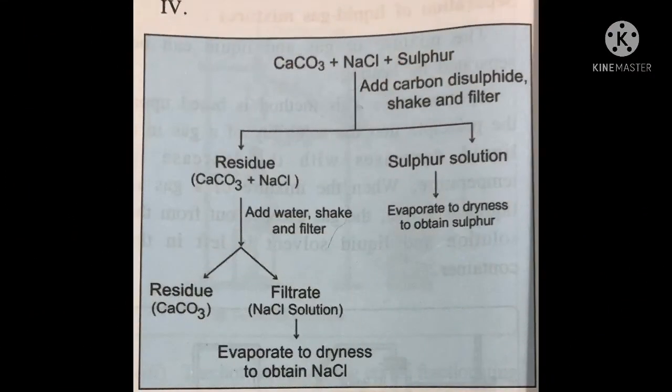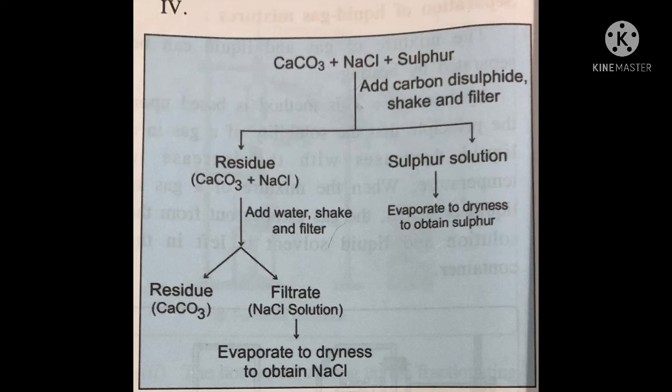In the next mixture, such as calcium carbonate, sodium chloride and sulfur, first of all we will add carbon disulfide to this mixture, which gives a residue of calcium carbonate and sodium chloride and a filtrate of sulfur solution.